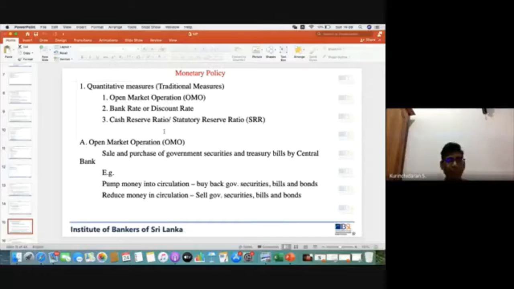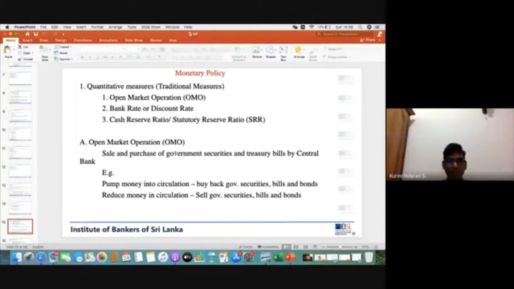First, through the sale and purchase of government securities and treasury bills, they can make changes in the money supply, right? Let's assume they increase the money supply.